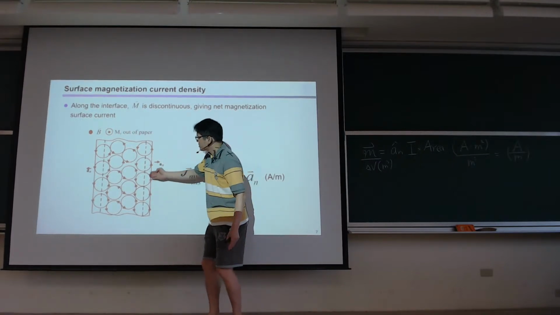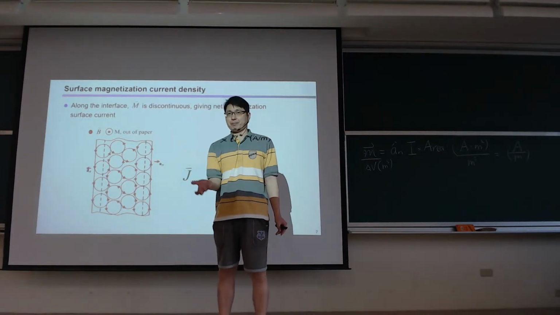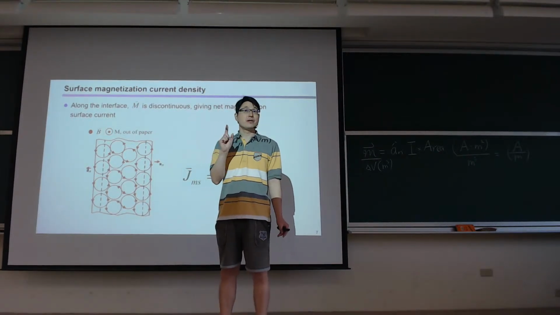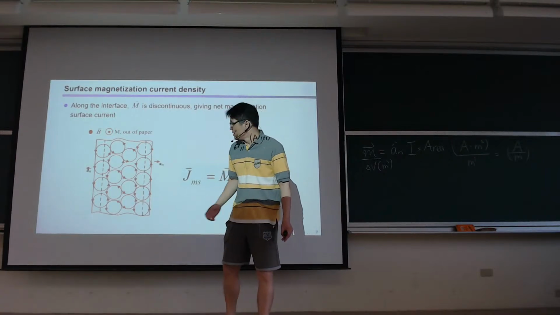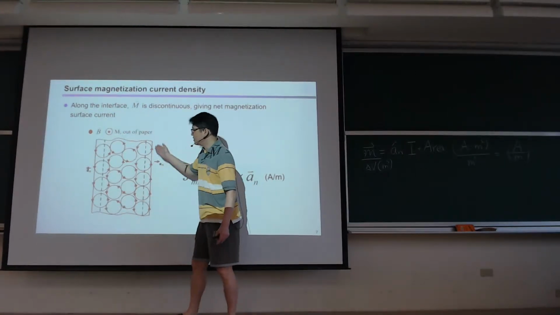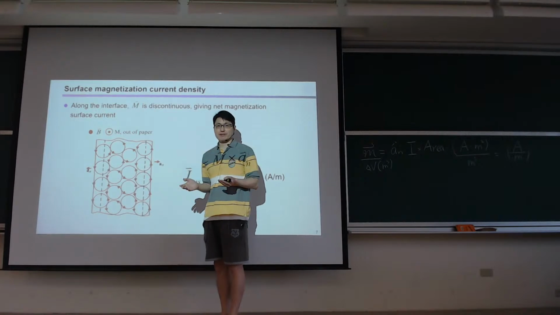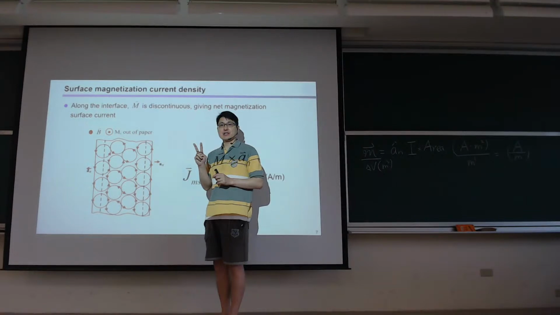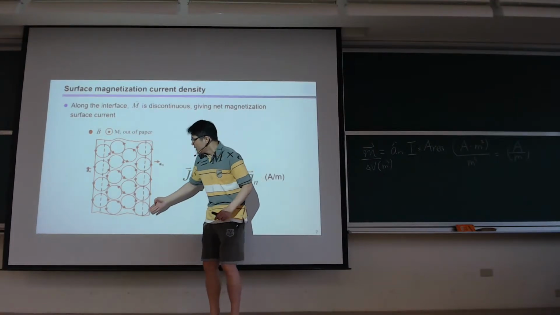So only at the surface would you anticipate non-zero current densities. In this case, you have two surfaces here, so you expect to have two surface magnetization current densities, right?